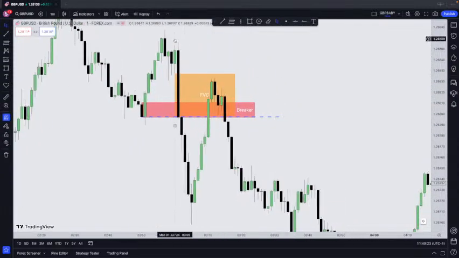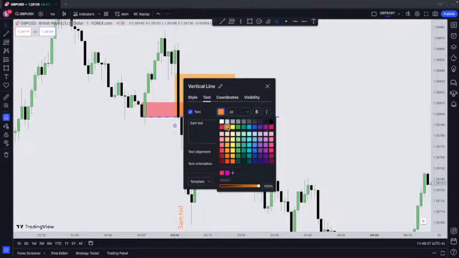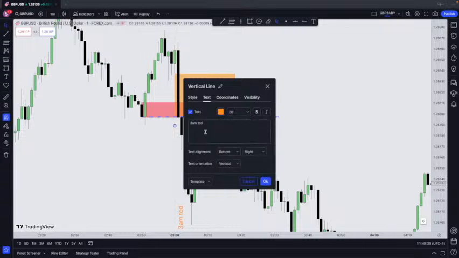And then remember we've got the time of day as well. 3 AM. Time of day. Make that a bit bigger. Let's make it like 28. Try to make this neat as possible.